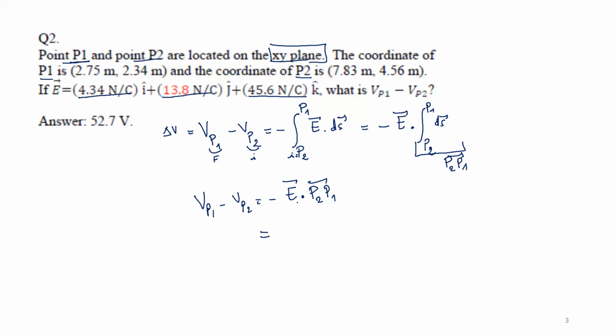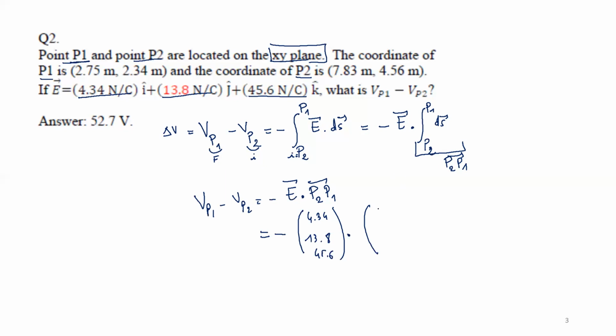So what do we have? Of course, a dot product. Let me put the components. The components of E are 4.34 along X, 13.8 along Y, and 45.6 along Z, and this dot product with P2P1. Now, what are the coordinates of this displacement? I will start with P1.